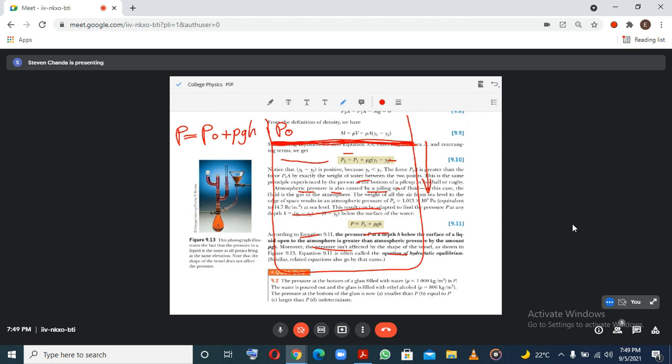What this means is you are looking at the density of this fluid. And it makes sense, because the more dense a fluid is, the more pressure it's going to put on the surface of this container, isn't it?